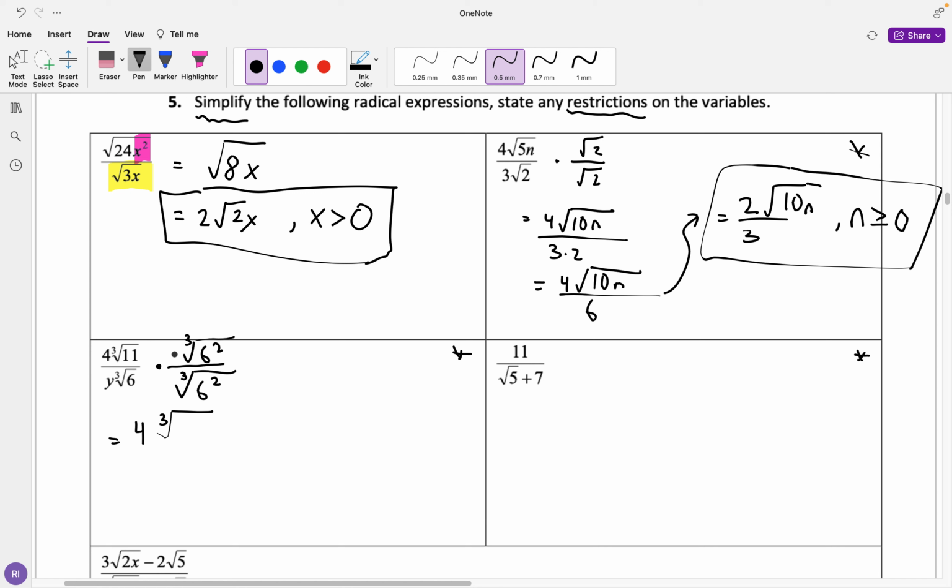Ooh, 11 times 6 times 6, 396. Y times 6, which gives me 2 over 3y.